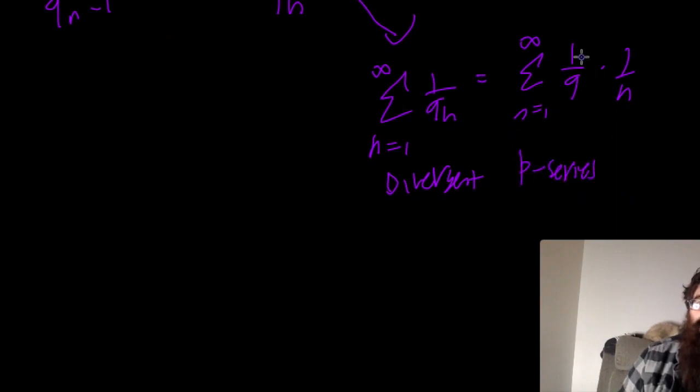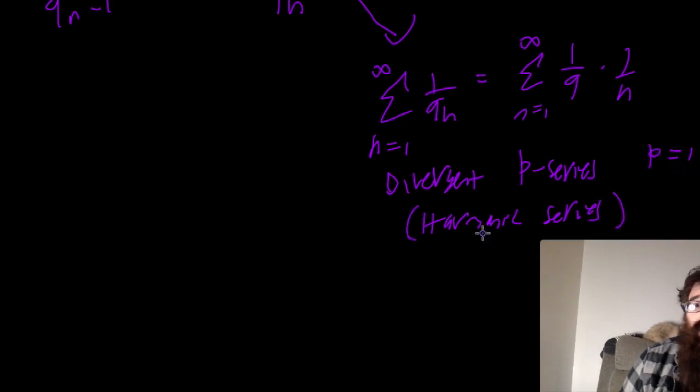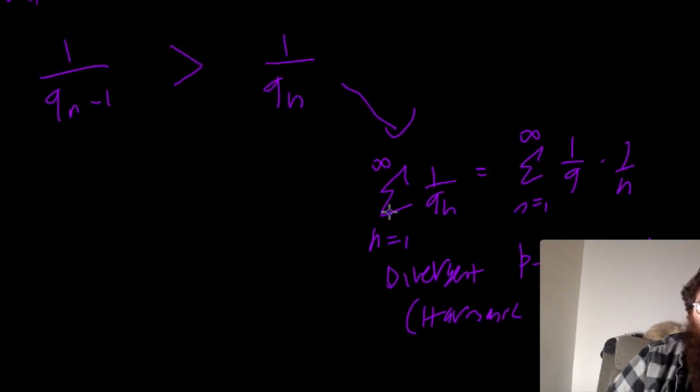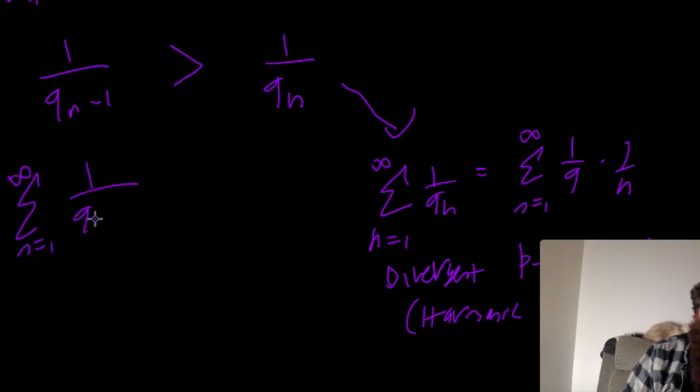You could really call it out as being a coefficient times the harmonic series. So divergent p-series with p equals 1. Harmonic series is relevant here. So this is divergent. And what I'm comparing it against, this sum from n equals 1 to infinity of 1 over 9n minus 1, is going to be greater than this sum term-wise.